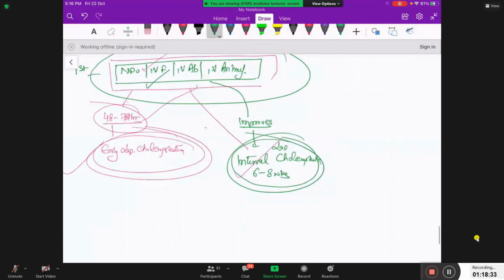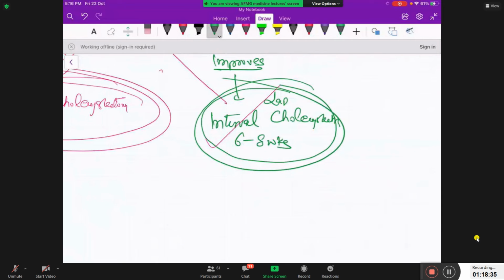Now imagine a patient has come to you after 72 hours, and you advise this patient elective laparoscopic cholecystectomy after 6 to 8 weeks. The patient didn't get it done. Now we won't run after the patient.